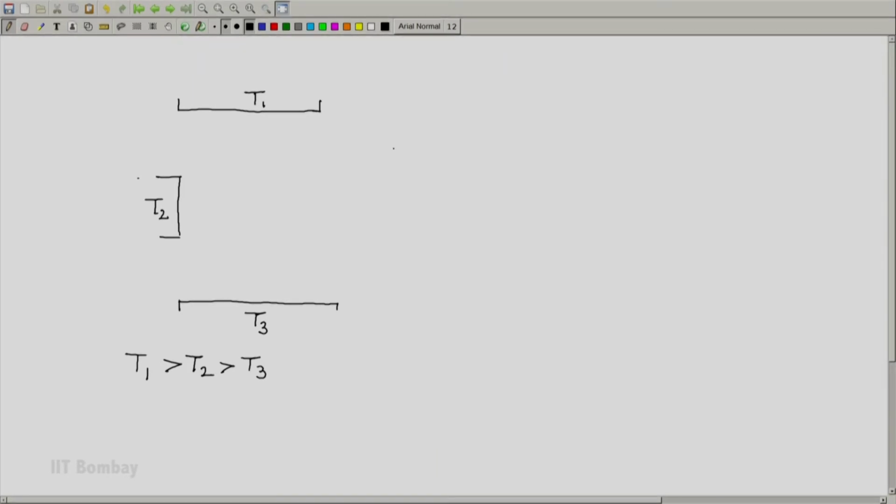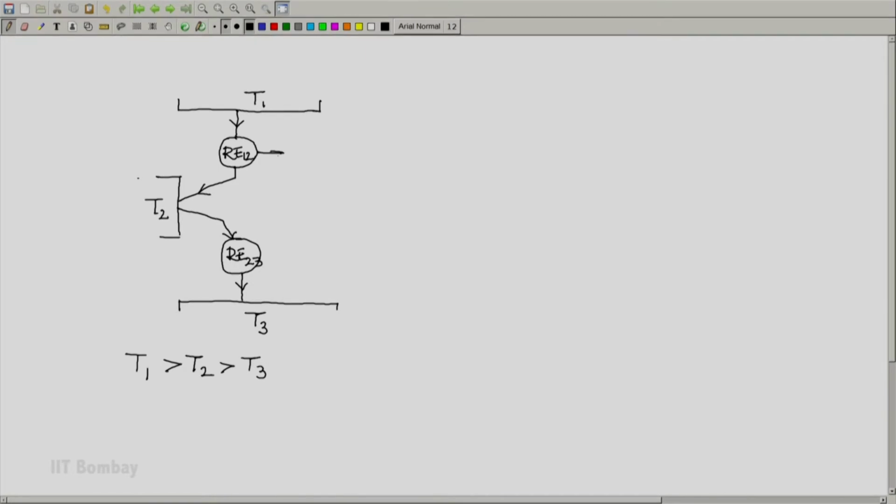Now let us consider three different reversible engines. One is a reversible engine, let me call it RE12, which works between T1 and T2. Let us have another reversible heat engine, let me call it RE23, which works between T2 and T3.